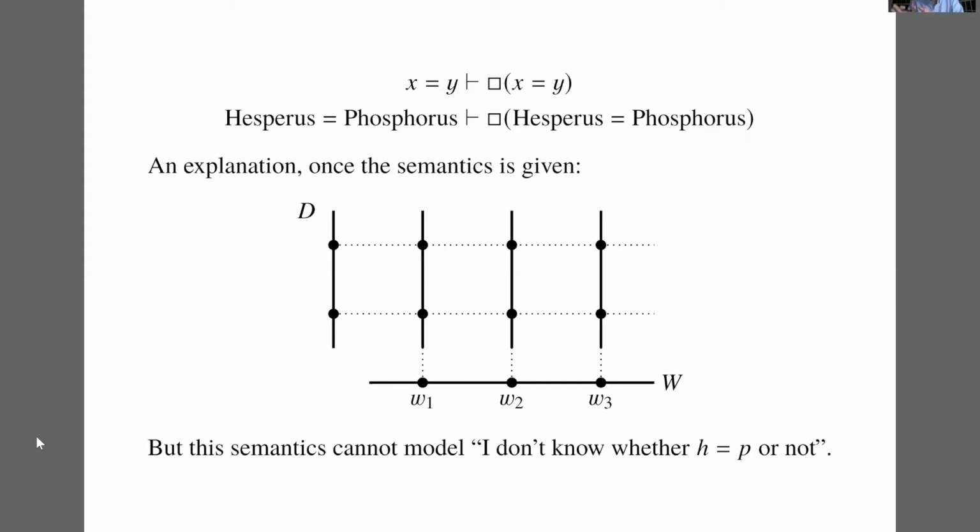But this semantics is not his argument for the necessary a posteriori identity of individuals. So there's a significant discrepancy between the philosophical argument Kripke gave and the logic given by Kripke's semantics.